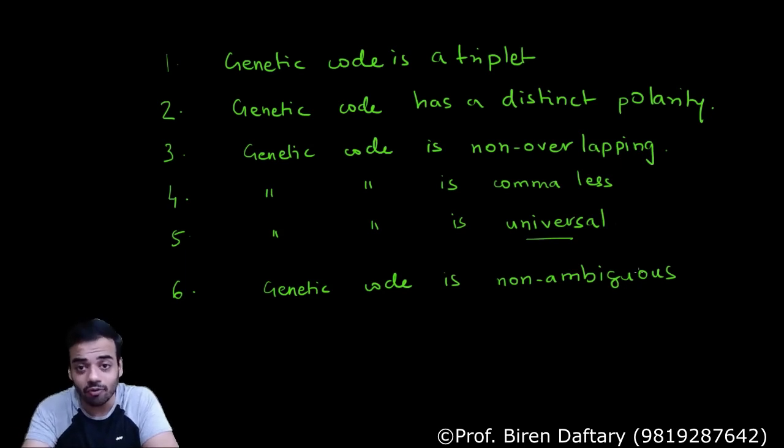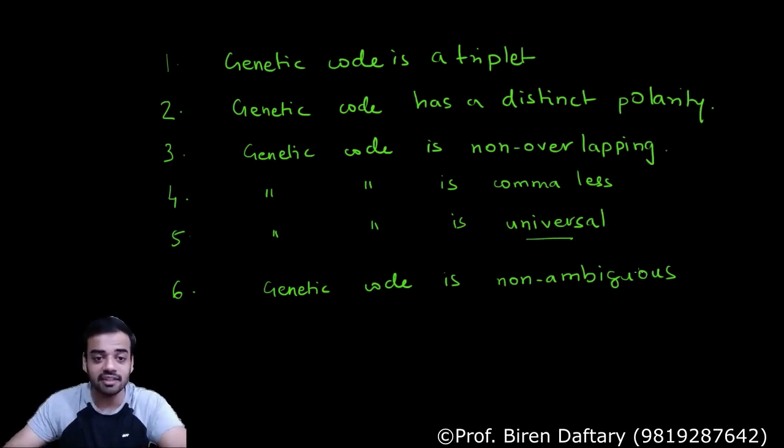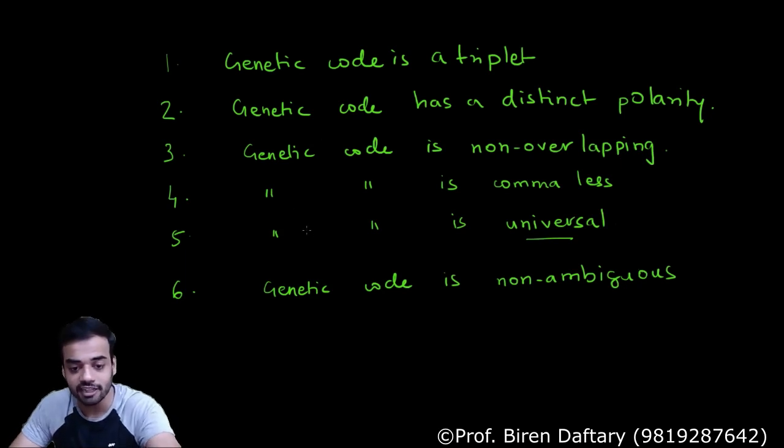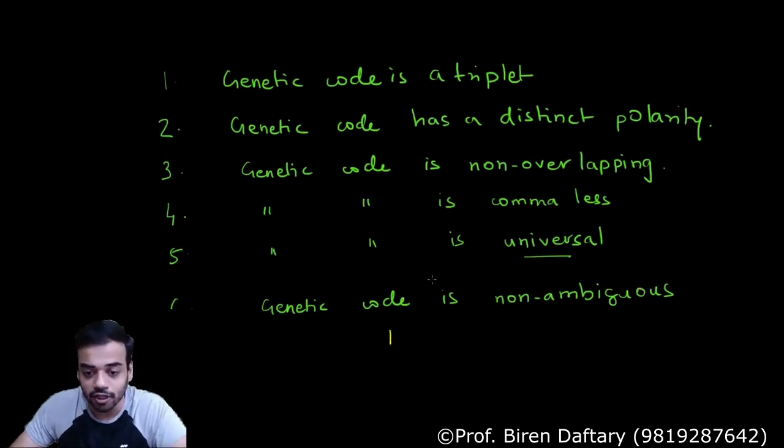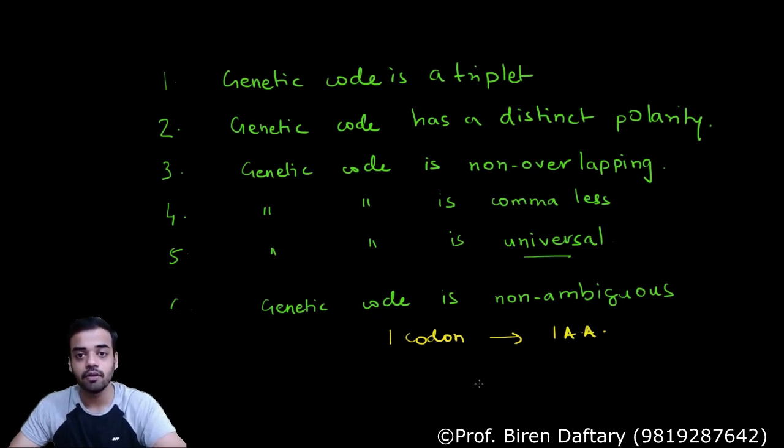Now over here what they are trying to explain is that one codon can form only one amino acid, or rather one codon will code for only one amino acid.